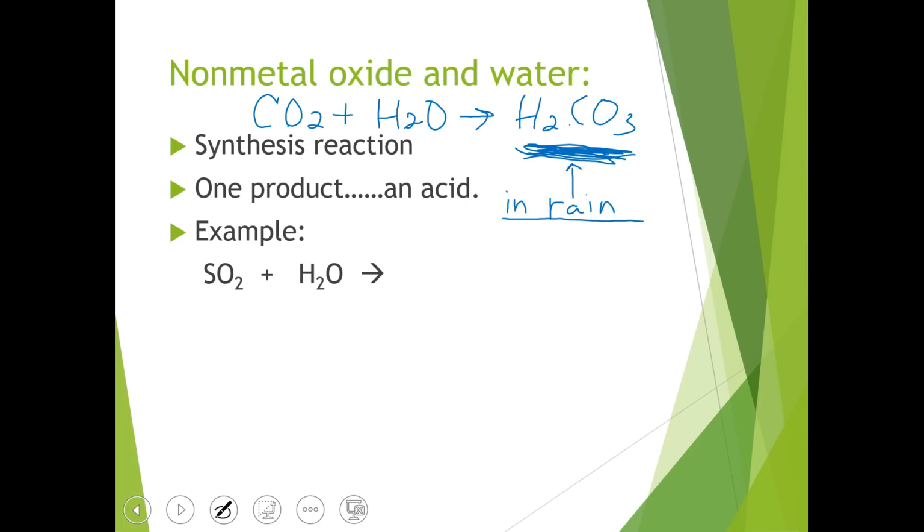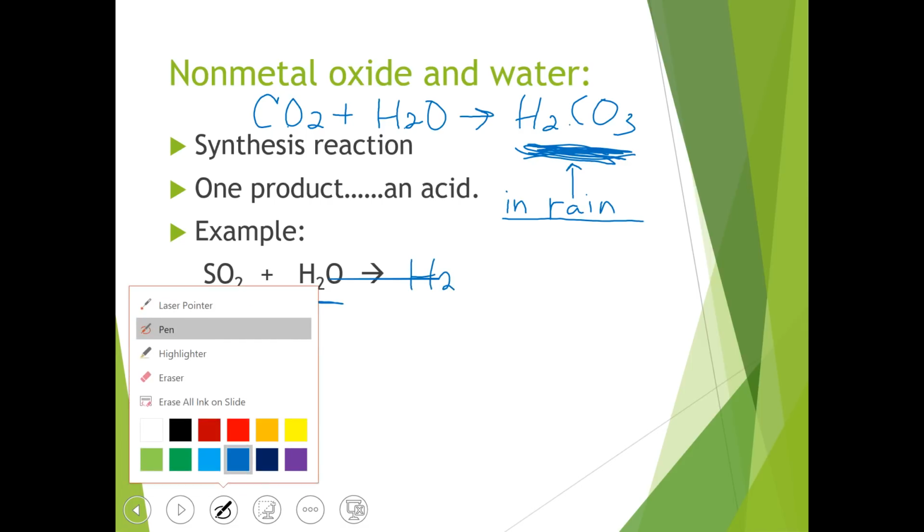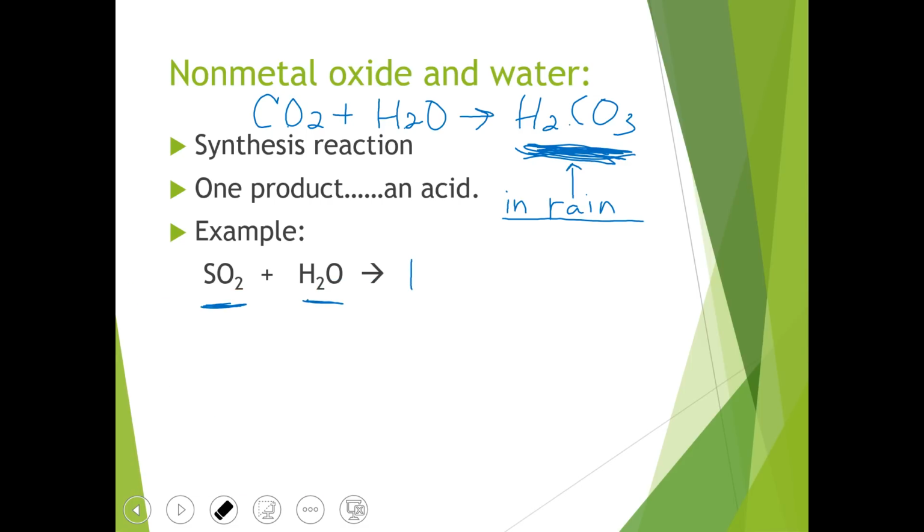What happens though, where we get really bad acid rain problems is when we start to get some of these other non-metal oxides in the air, like sulfur dioxide can end up in the air from burning coal. There's a lot of sulfur in coal. They burn it. You get sulfur dioxide. It rains, and you get sulfurous acid, which is a good bit stronger than the carbonic acid.